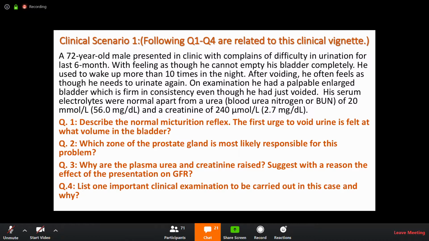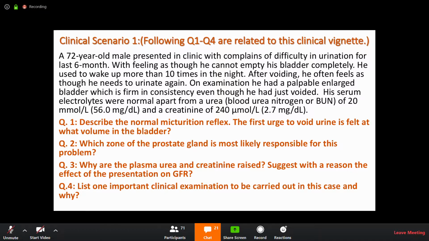The third pressure is, as the filtrate is accumulating in the Bowman space, just before it starts heading down into the proximal convoluted tubule, that fluid exerts a hydrostatic pressure. That's what hydrostatic means. It's due to water. That will exert a hydrostatic pressure out of the Bowman space towards the capillary.